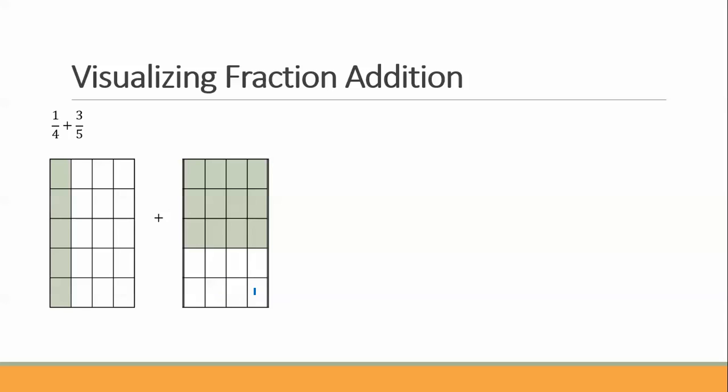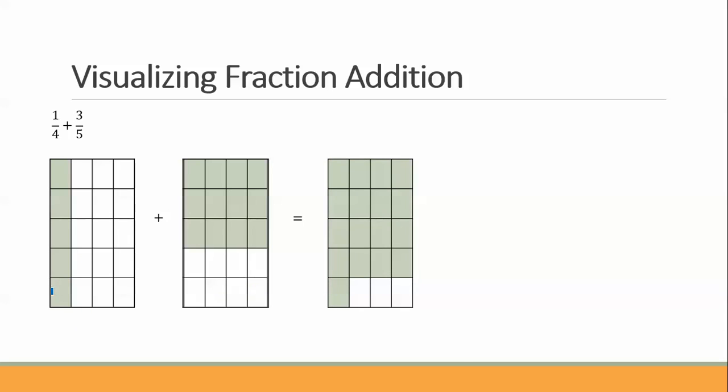And we end up with 1, 2, 3, 4, 5 shaded here, and here we have 12 shaded.